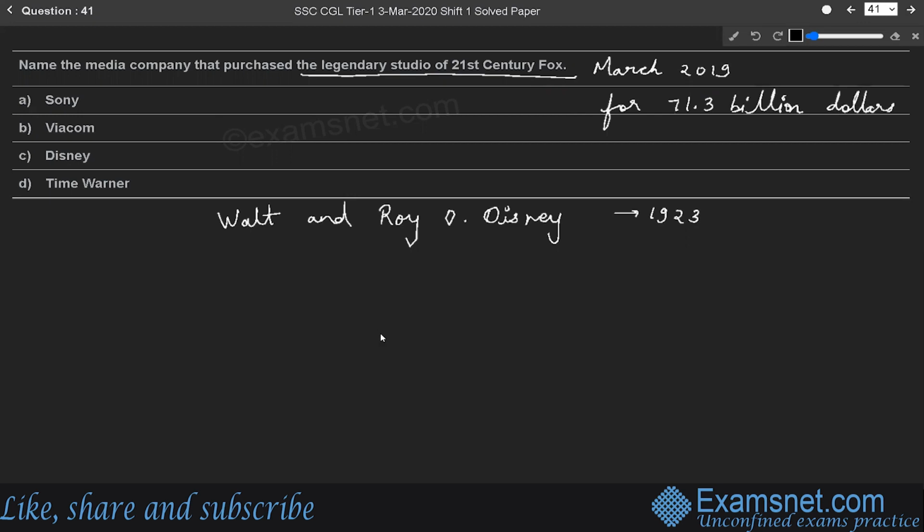Apart from this, Disney also purchased many studios and media companies.